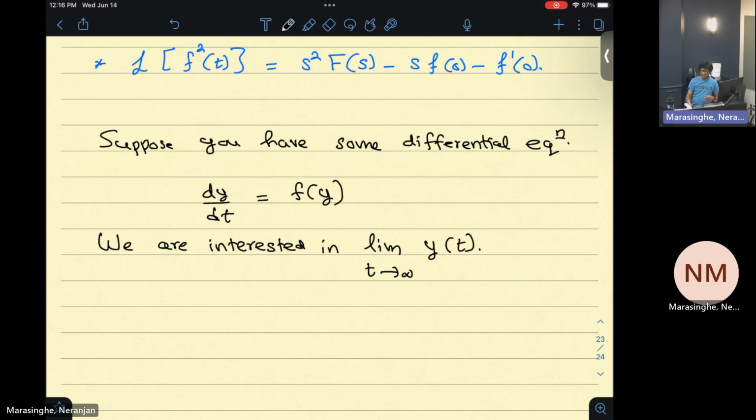That means we are interested in what would happen to our system when time moves on. When time goes to infinity, what would happen to our system? We would like to have some bound on this value, right?